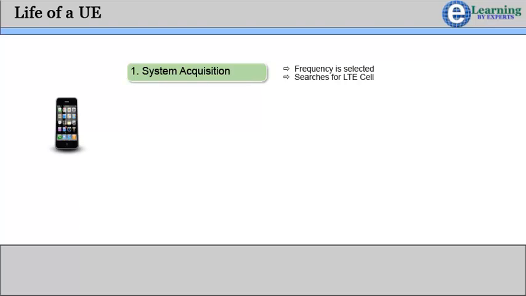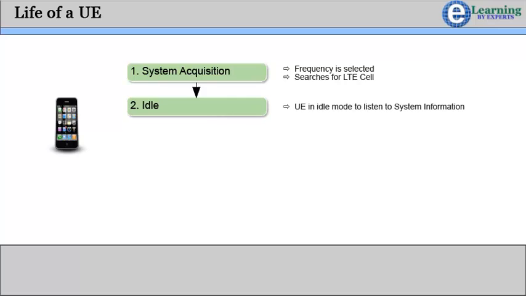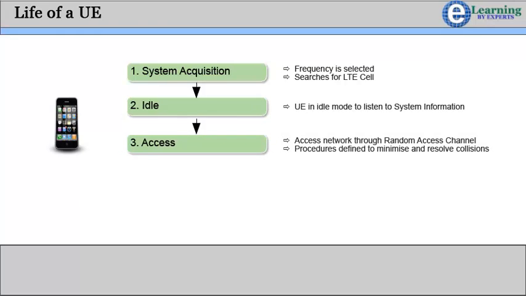Step 2. Once the UE finds LTE cell transmission, it starts listening to system information, which is broadcast in that cell. During this time, the UE is in idle mode, where it just listens to the system. Step 3. After the UE learns the LTE system information, it uses its system access parameters.